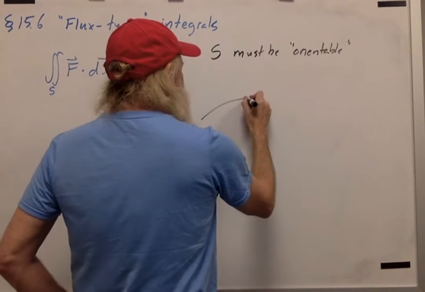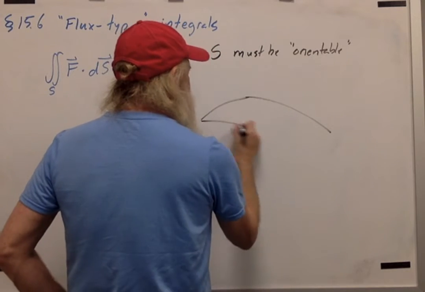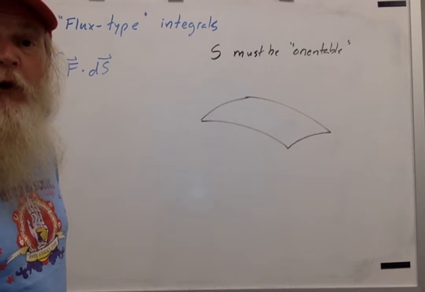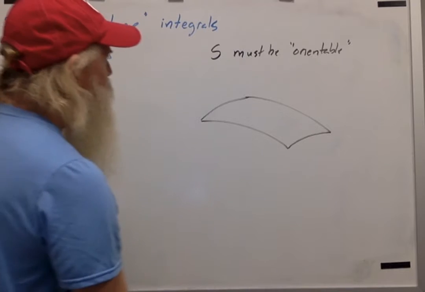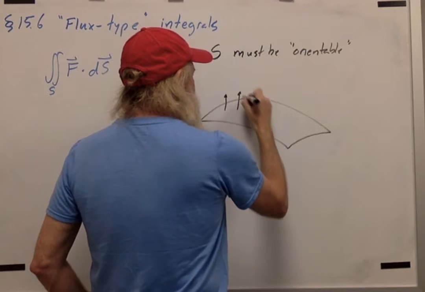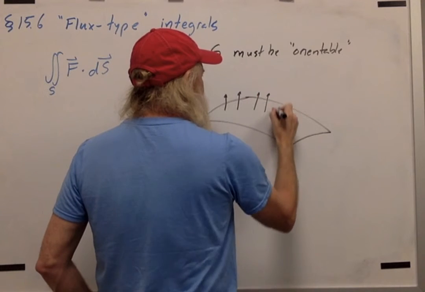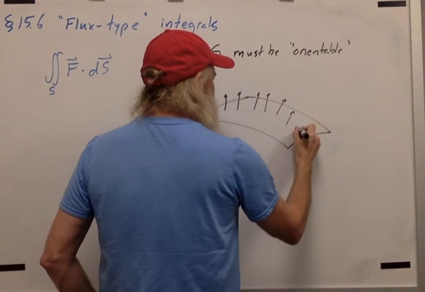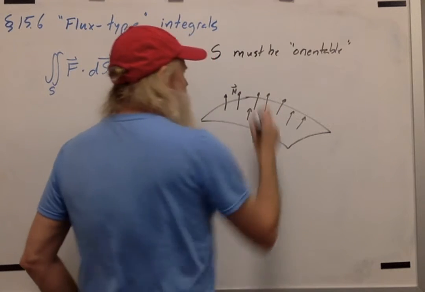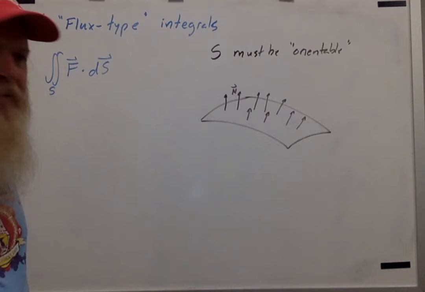What that means is that you need to be able to make a consistent, continuous choice of normal vector field everywhere on the surface. So you have to be able to define a unit vector field which is normal to the surface at every point.